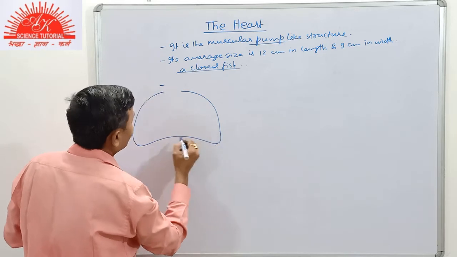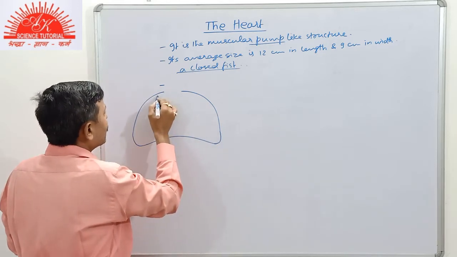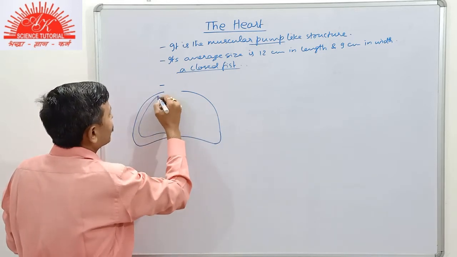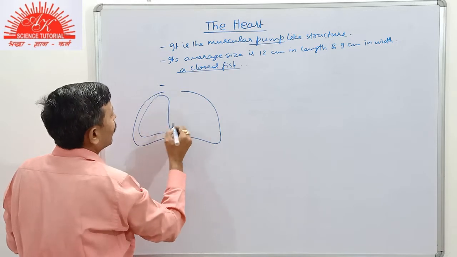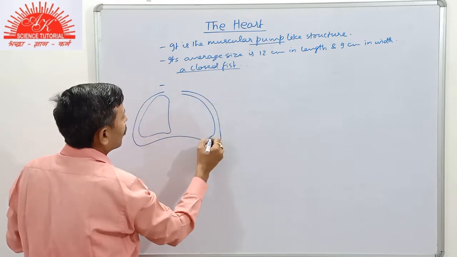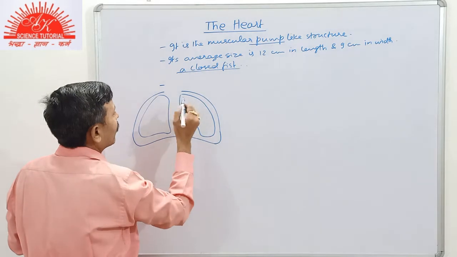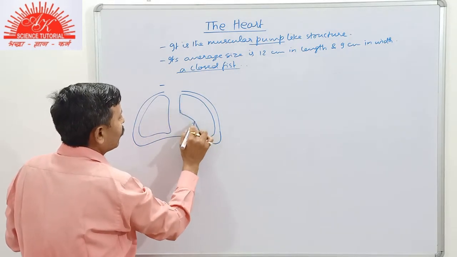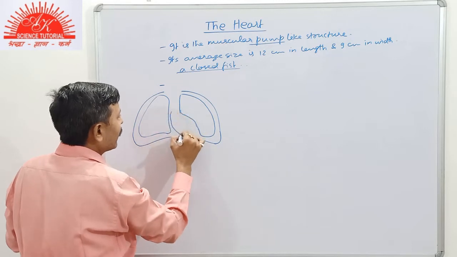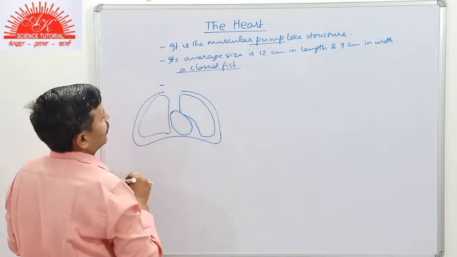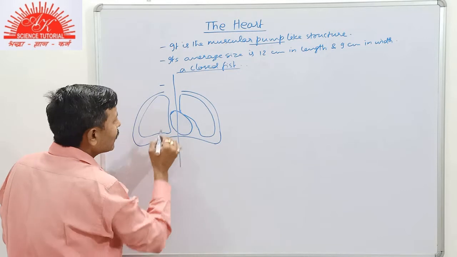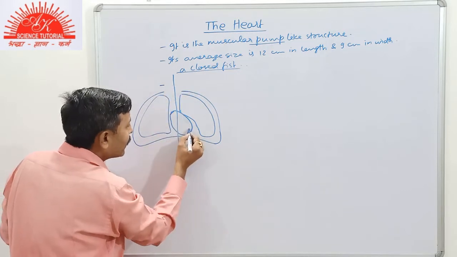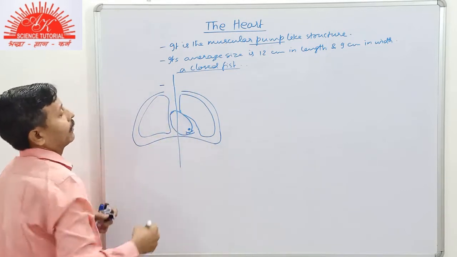This is the diaphragm, and on this side are the lungs. The left lung is bilobed, and the heart is located like this. So it is located centrally, but it is felt on the left side.